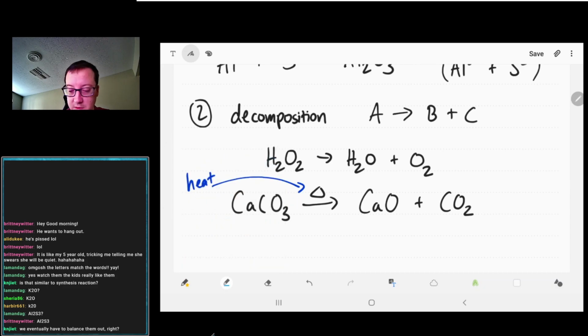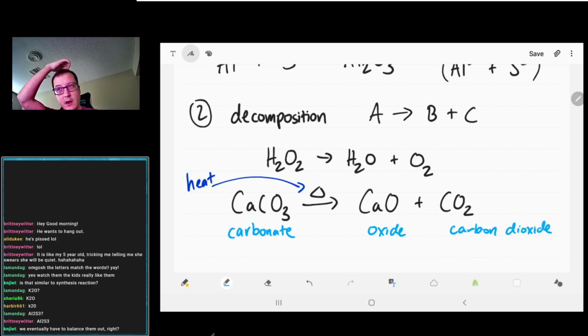Most carbonates will do this. So you have some sort of carbonate here. You produce the corresponding oxide plus carbon dioxide. And so this is going to be a pattern that we're going to see. So carbonates, when you heat them, you can get them to break down into oxides as well as carbon dioxide.